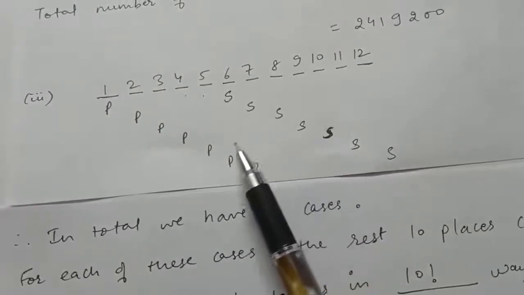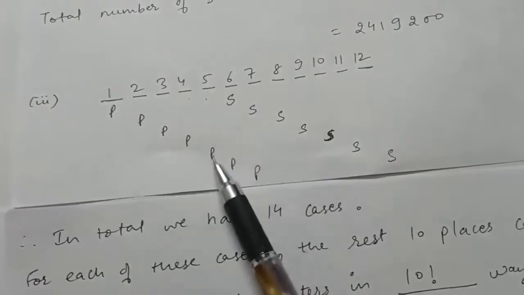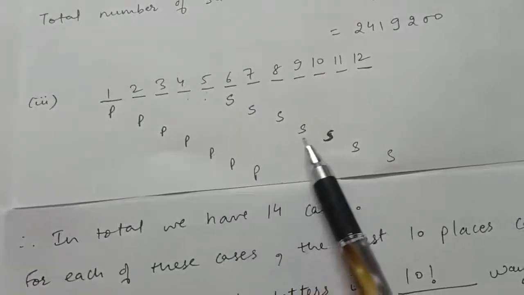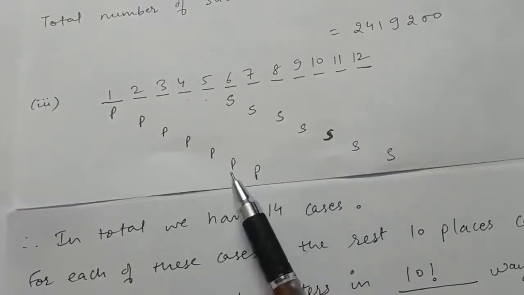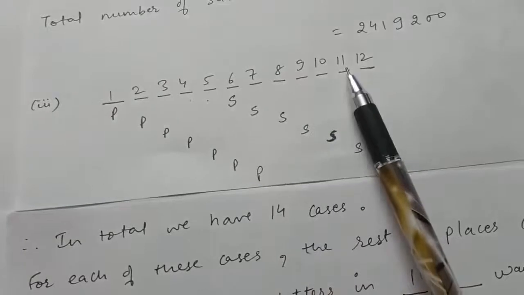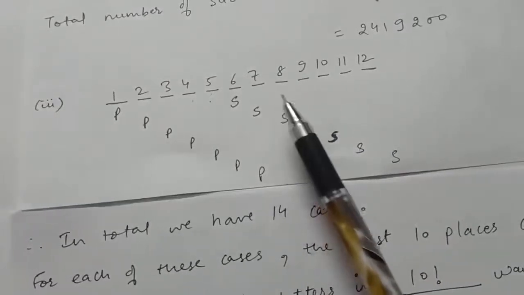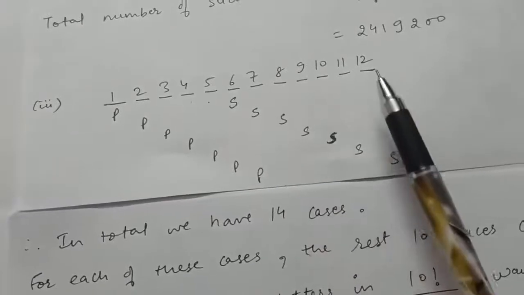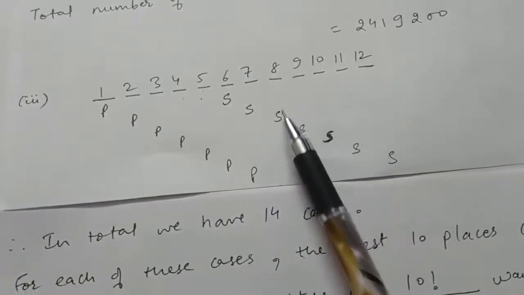If P at 5th, then S at 10th. If P at 6th, then S at 11th. And if P will be at 7th place, then S will be at 12th place.